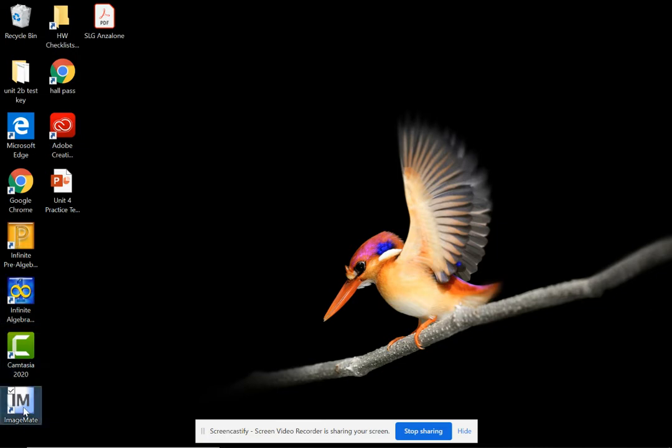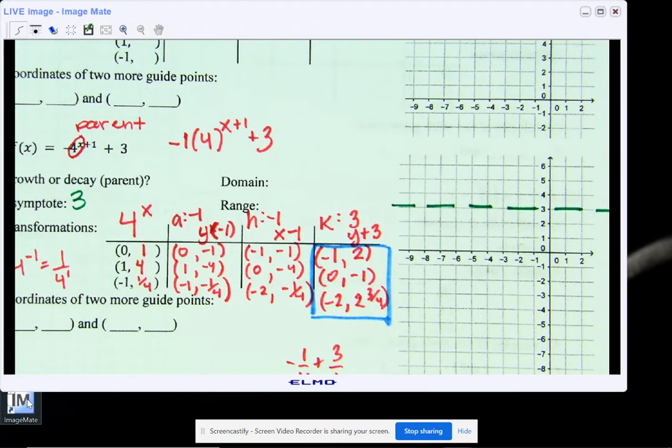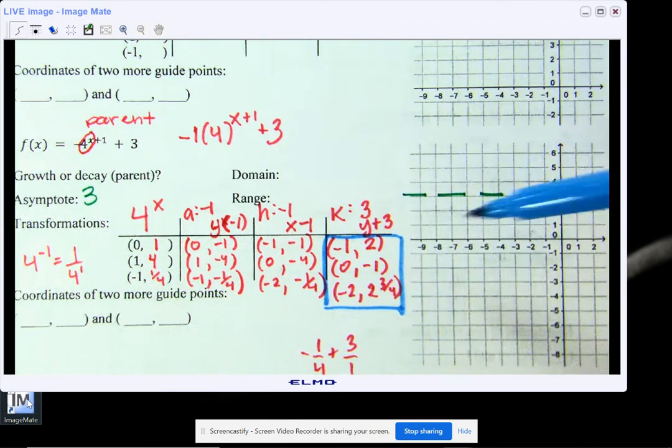All right, so graph those points. Okay, so these are the points that are going to get graphed.